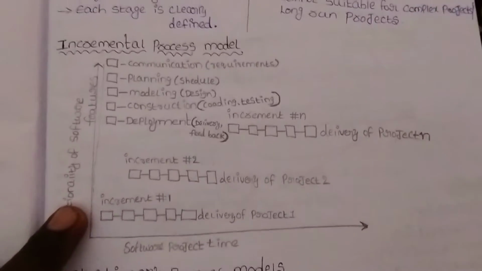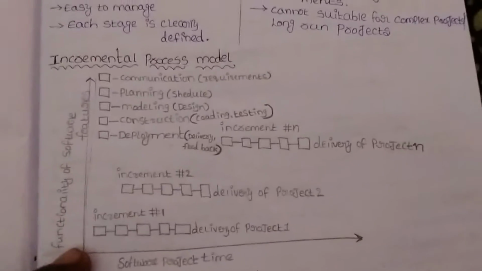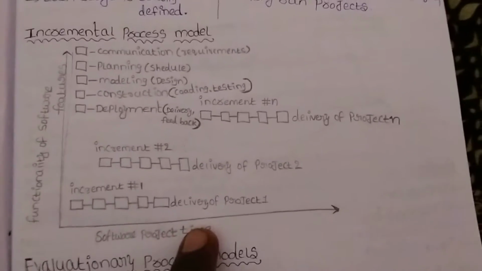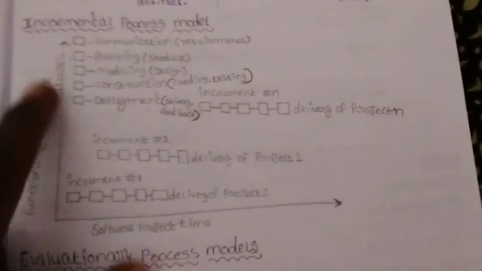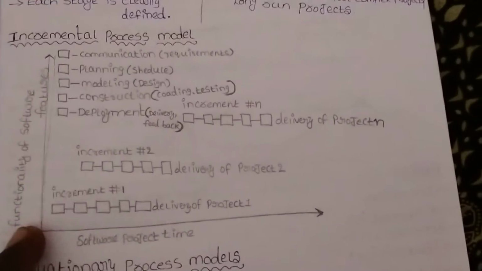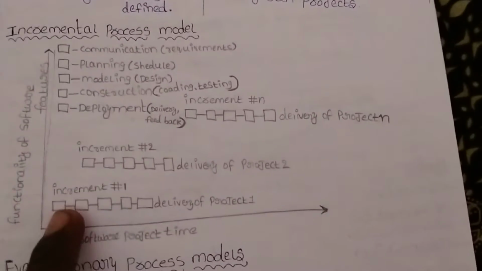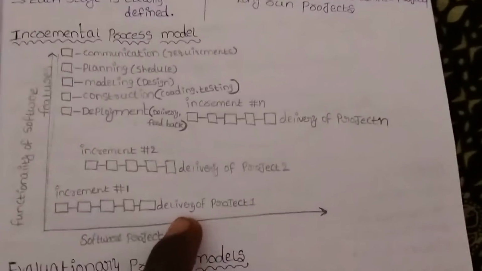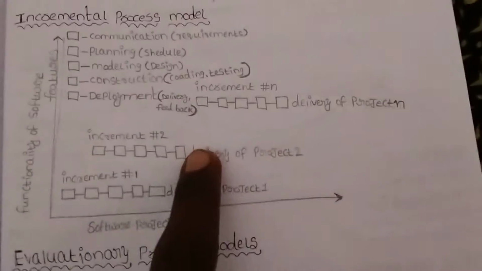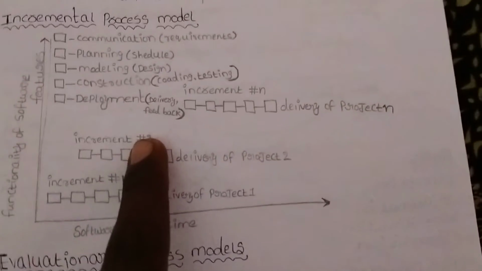Incremental process model. In the incremental process we see a bar diagram of software project time and functionality of software features. Over the project time, the features will increase. In the incremental model, delivery of project 1 is increment 1, delivery of project 2 is increment 2, and so on.